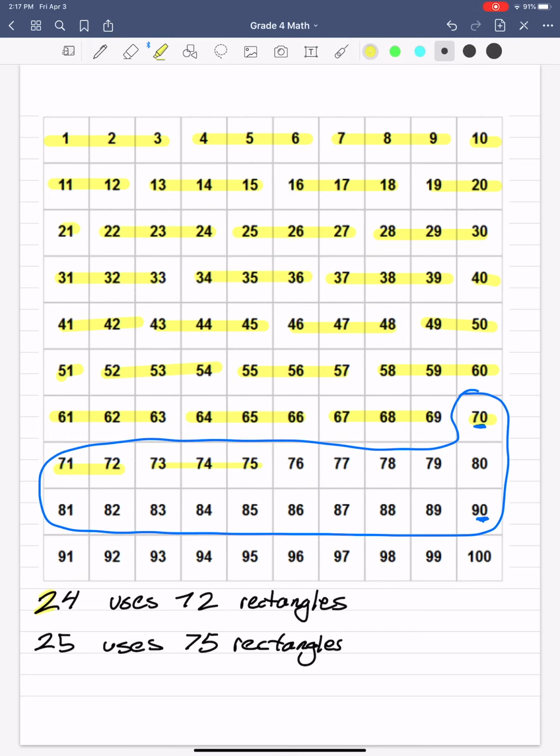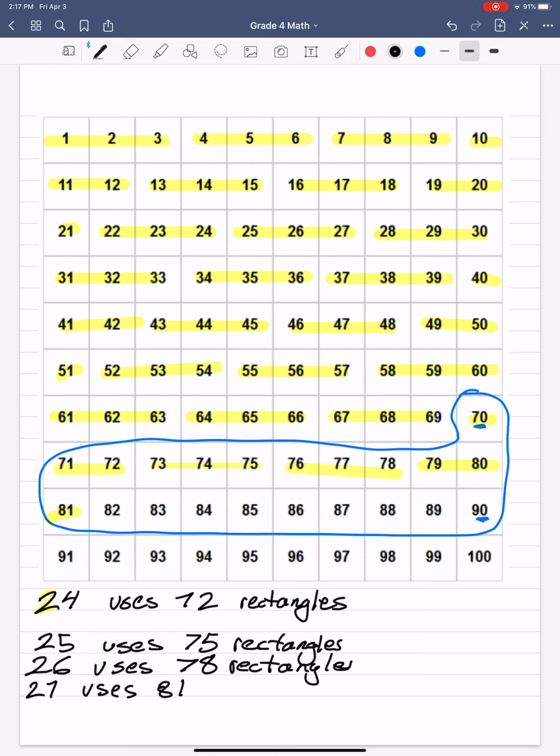And we'll go back to another one. Let's see, we'll add another 3 to get 78. So 26 kaleidoscopes uses 78 rectangles. If I count off 3 more rectangles, now I have 27 kaleidoscopes, which uses 81 rectangles.